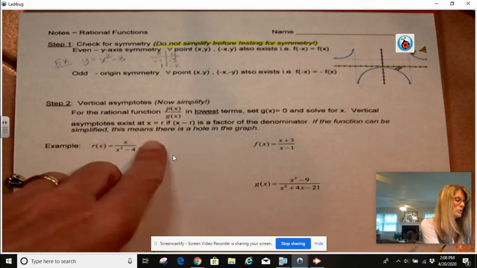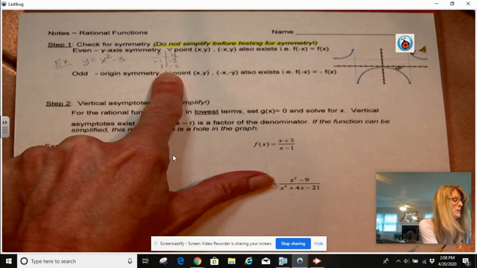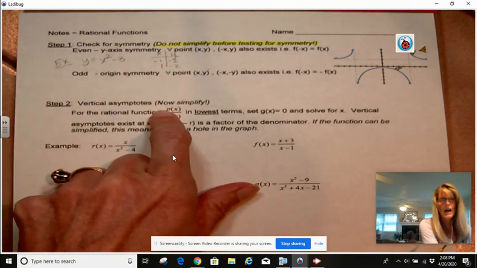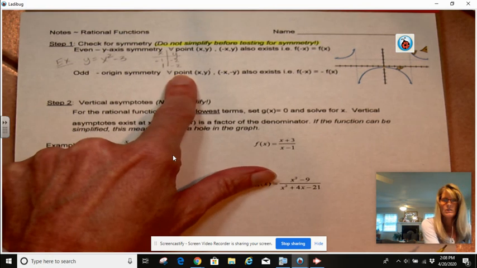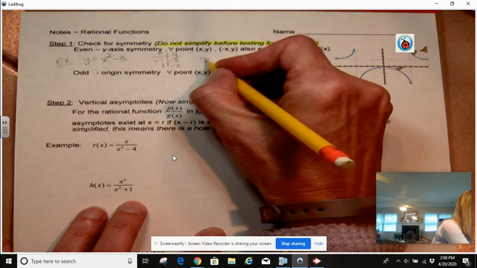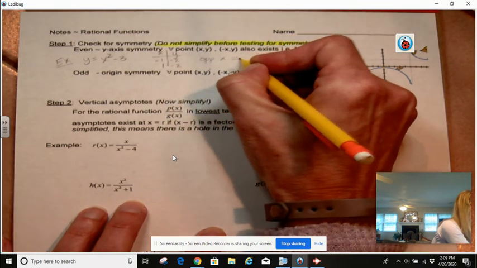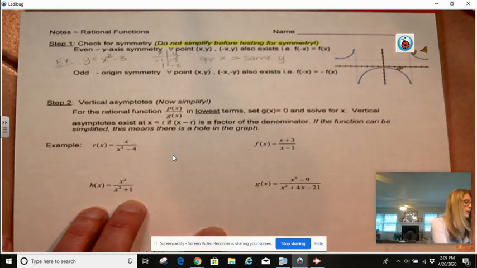What's nice about this too is that when you're trying to do your final graph, these are points that you could actually plot on your graph too. So the information is not wasted. Okay, so opposite x equals the same y. That's what you're looking for.